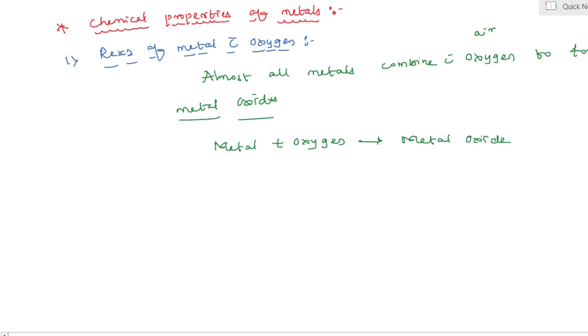For example, aluminium forms aluminium oxide when heated in air.